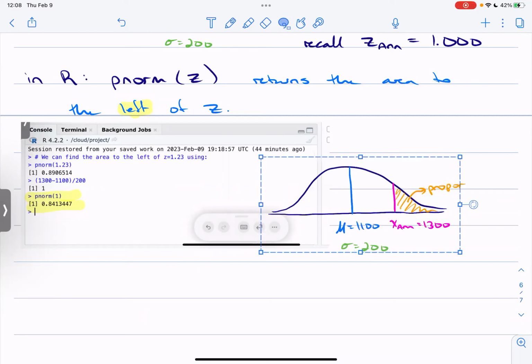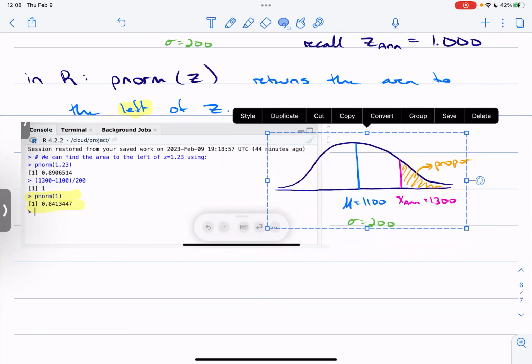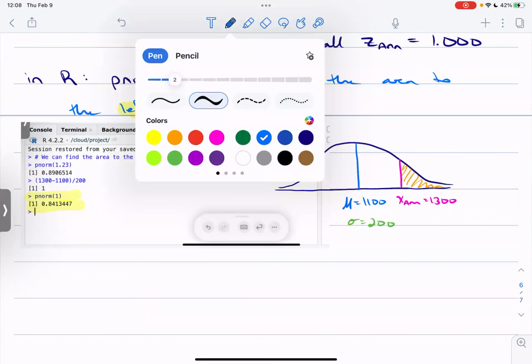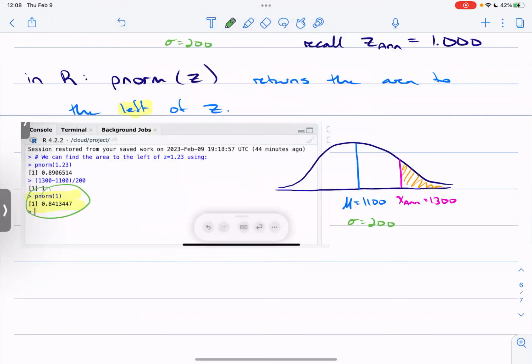We were given that this area, remember, it only gives the area to the left, is 0.841347.